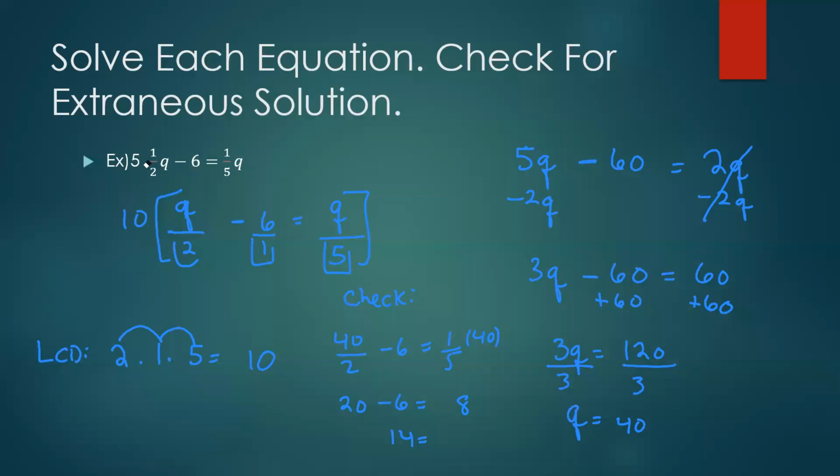Let me double check my work. So 2, 1, yes. Our LCD is definitely 10. So 10 divided by 2 is 5q. 10 times -6 is -60. 10 divided by 5 is 2q.